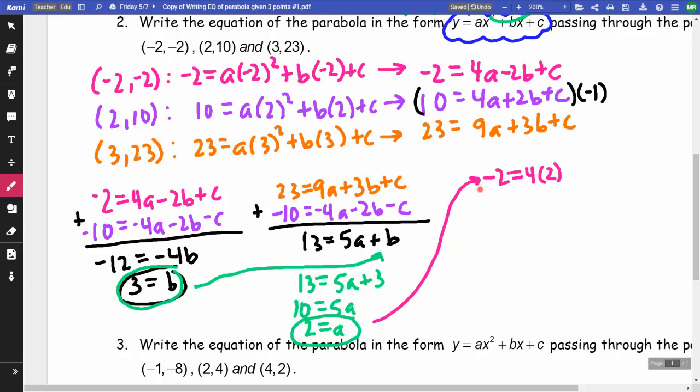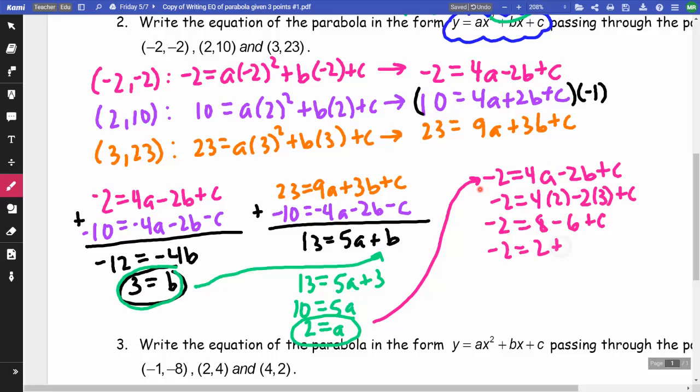Here, let me just write out the original problem. A minus 2b plus c. Okay, so I'm going to be putting in my a is 2, my b is 3. So I get -2 is equal to 8 minus 6 plus c. So -2 is equal to 2 plus c.